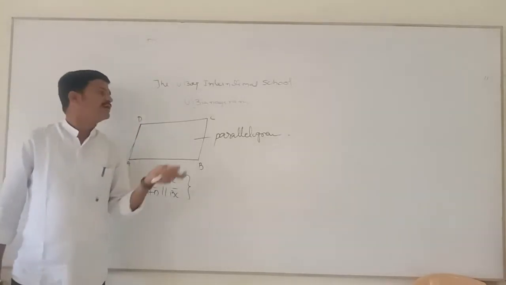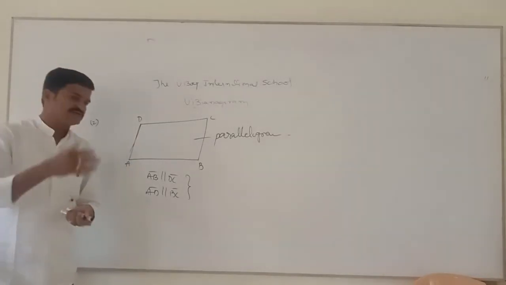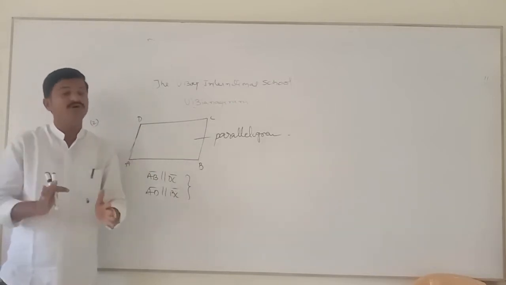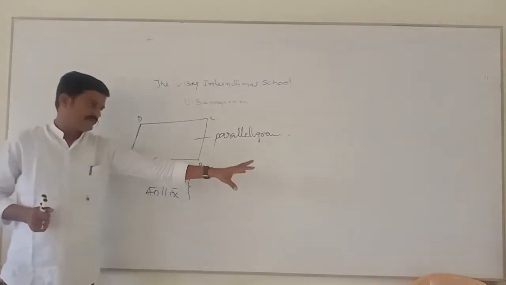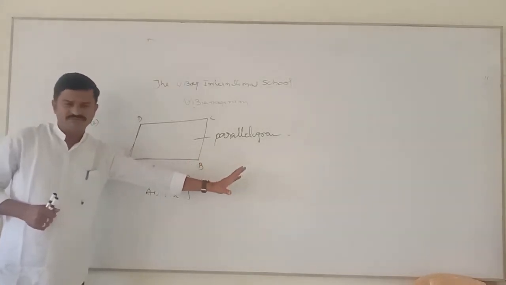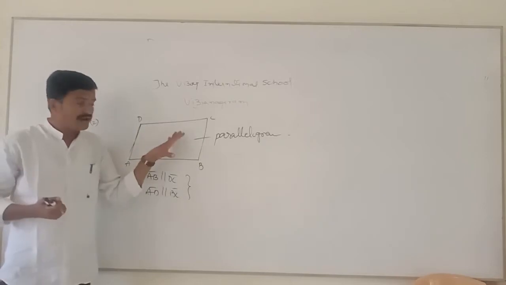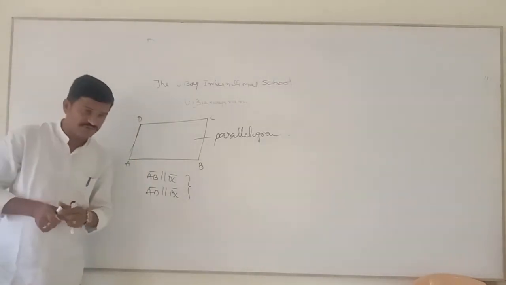Are you clear or not? And this parallelogram also has some properties. We must know the properties of a parallelogram. Actually, a trapezium also has some, but there is no need to discuss them; in your higher classes we are going to get them. But for the parallelogram we must know that some specific properties are there.